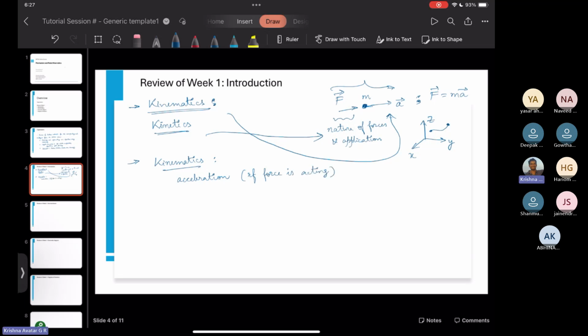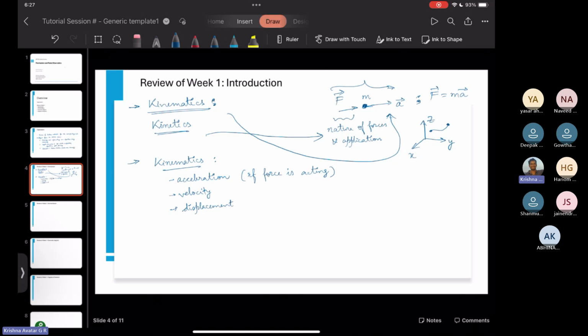Because of acceleration, velocity will be affected, and velocity, again, what does it create? The body will move, so there is something called displacement. We apply force, acceleration is generated on the body, acceleration leads to change in velocity, and velocity leads to change in displacement. That is the actual order.